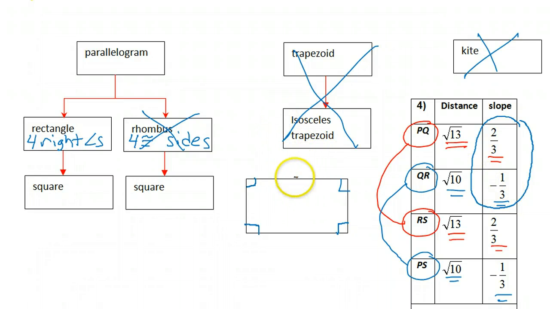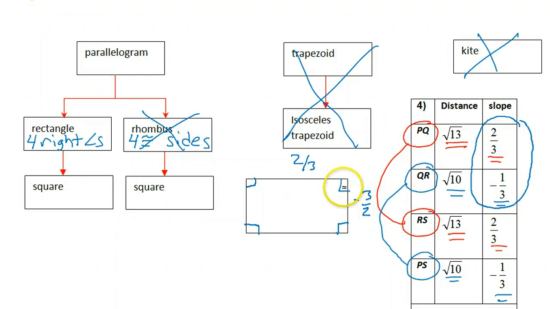For example, if one side has a slope of 2/3, the other side should have a slope of -3/2, right? The words we use are opposite sign and reciprocal. That's what the slope should look like if they're perpendicular.